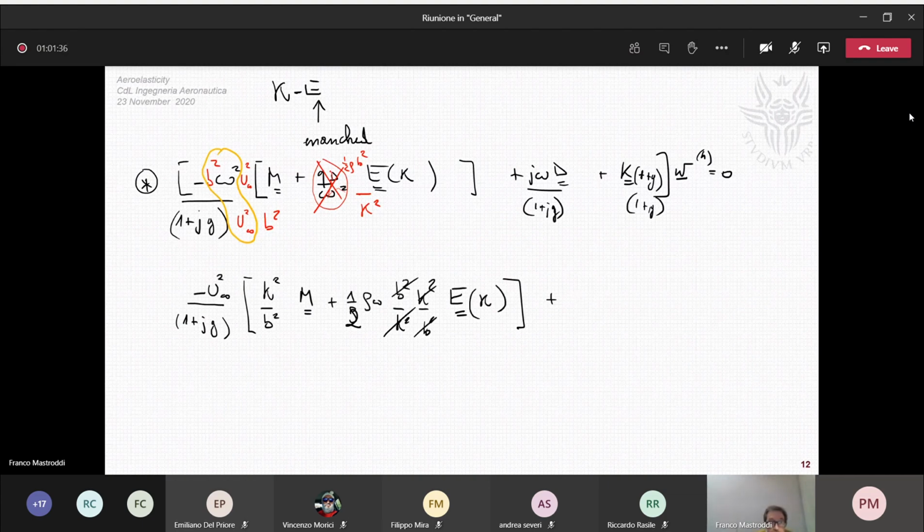So we have simplified this part, and here we have a multiplication of all this part.